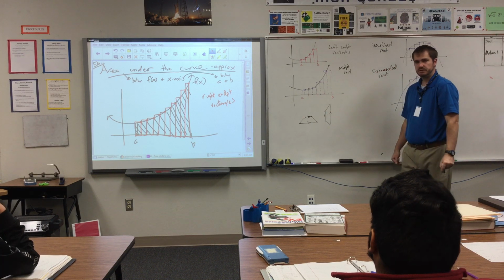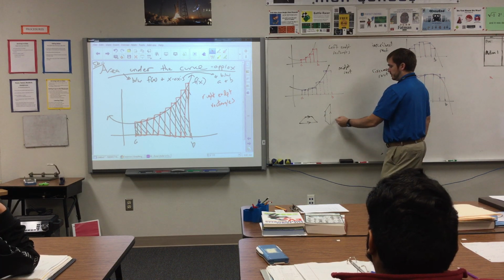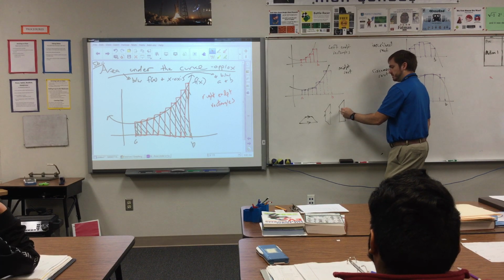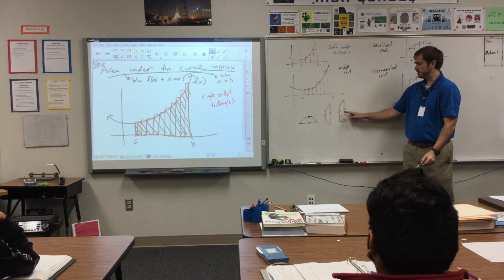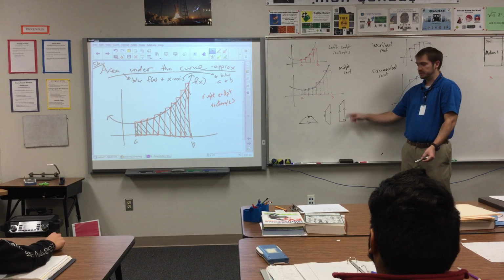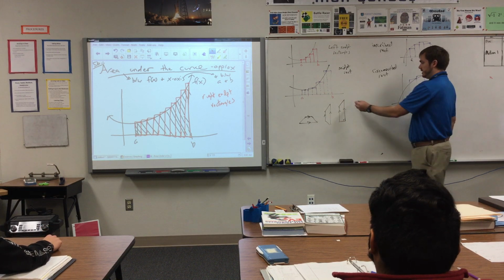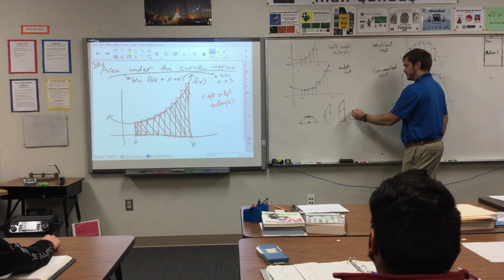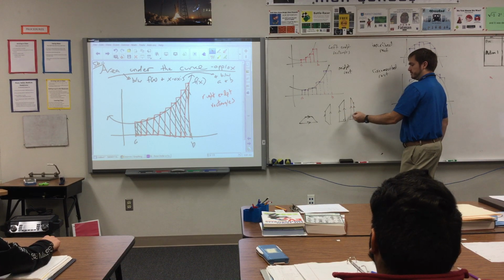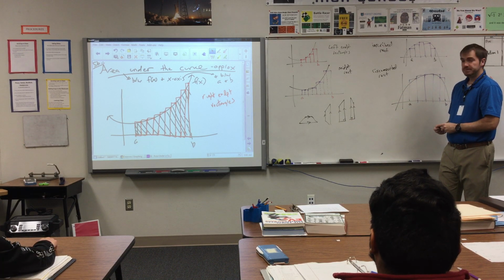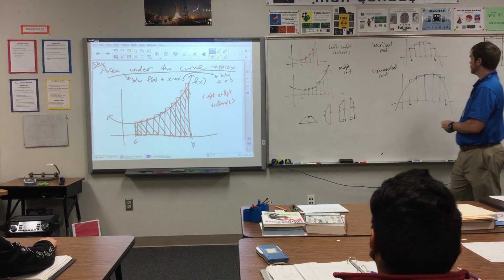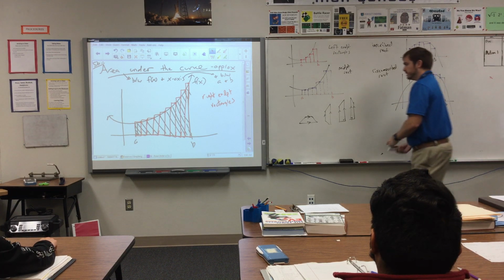Isn't that a trapezoid? Mm-hmm. Well, isn't that also a trapezoid? We've got a right angle right there. You have two sides that are parallel, two sides that are not parallel. Okay, and then you could also have a trapezoid that would look like that, right? And so the trapezoid method is an awesome method.